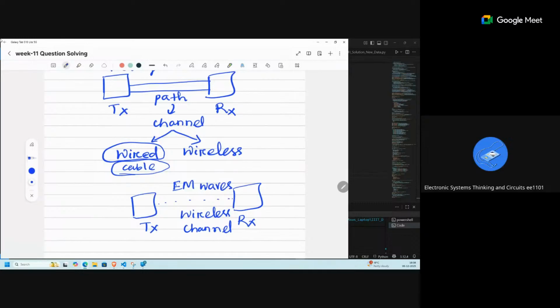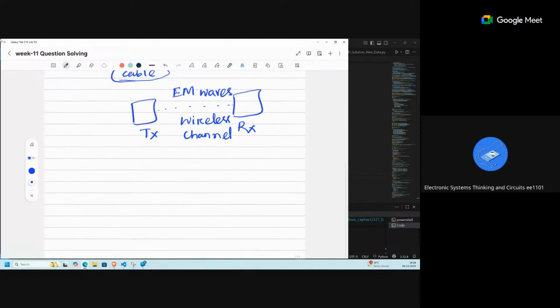Okay. So if we have a transmitter here and a receiver here, you can do multiple ways of communication. For example, I have here M1, M2, M3, like this, K number of messages. This K number of messages I need to transmit from the transmitter end to the receiver end. How can I do it?